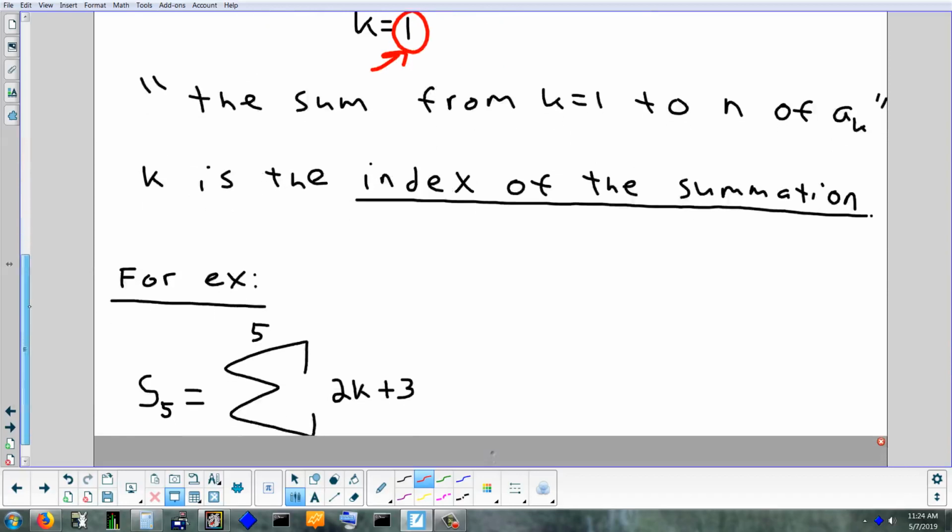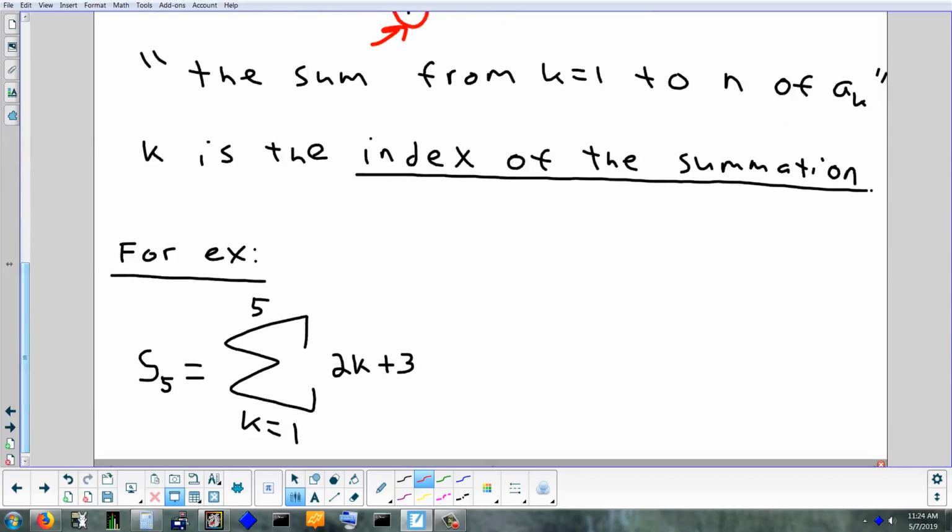So, for example, let's look at this one. We're going to expand this out. That's called sigma notation. And this represents the sum of the first 5 terms in the sequence 2k plus 3. If somebody was looking at that and didn't know what it meant, you could write it out by plugging in each number from 1 to 5 for k and then adding them all up.